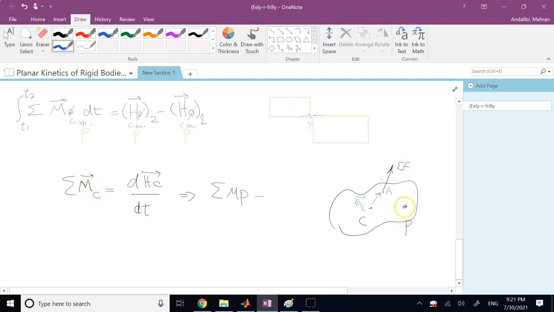What about the sum of the moment about P? That is going to be this vector, which is R of A with respect to P cross the sum of the forces.